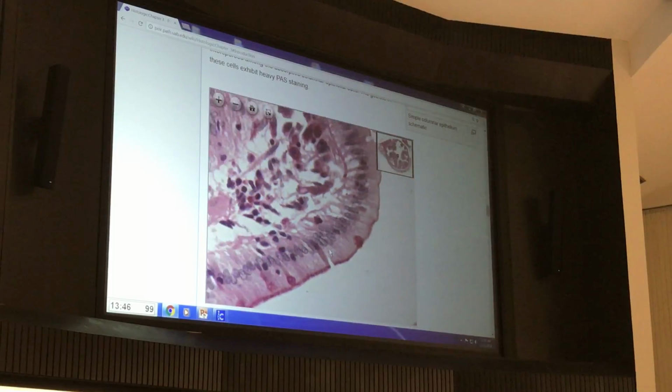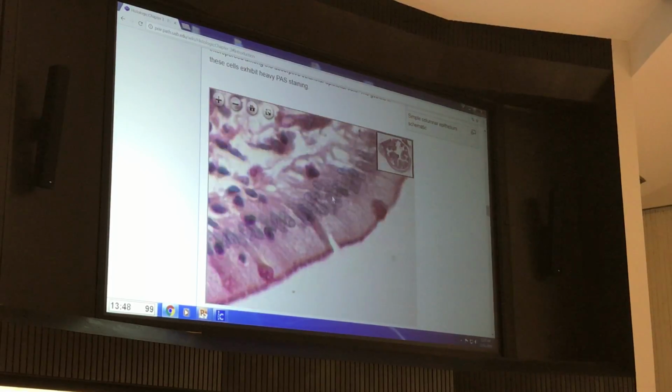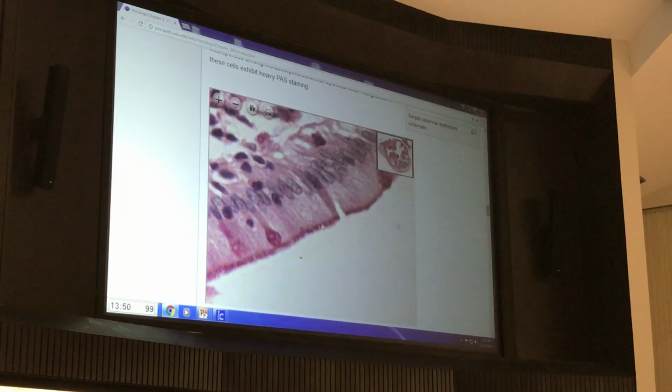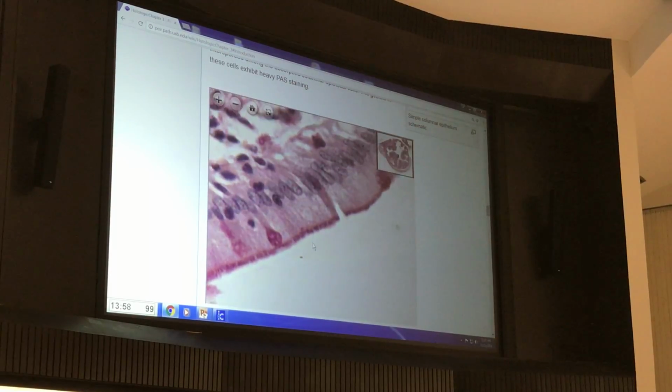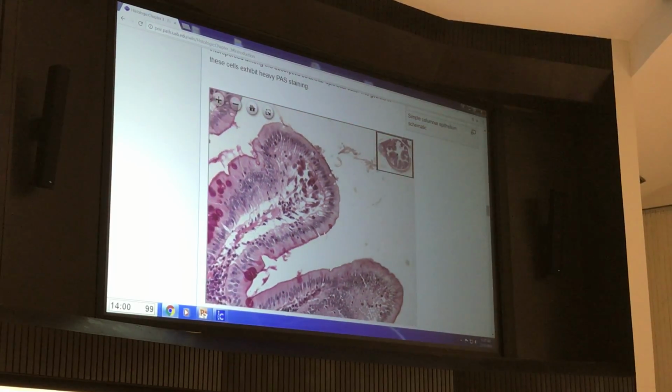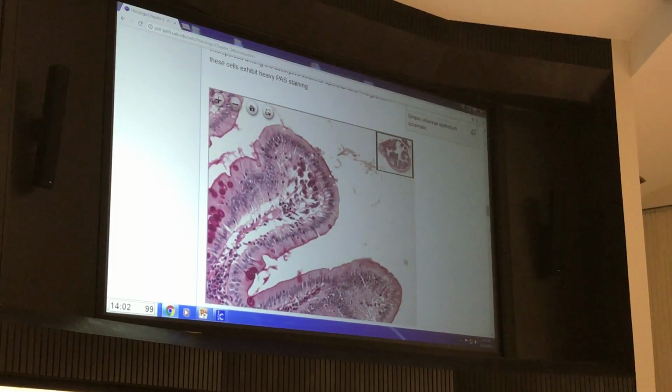So in this case, what is this structure here? Does anybody remember? That little glycocalyx or the brush border, all those glycosylated microvilli. And you can see that nice pink line here. The basement membrane is not so evident in this tissue, but the basement membrane would be down here.